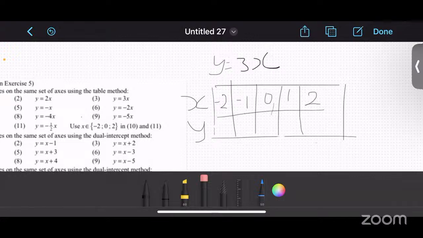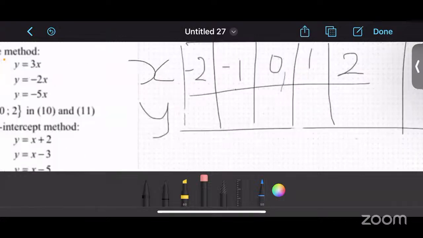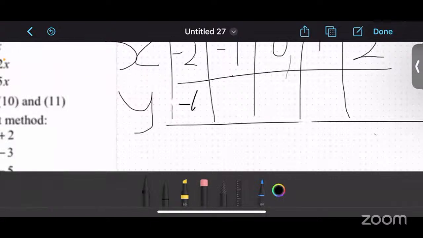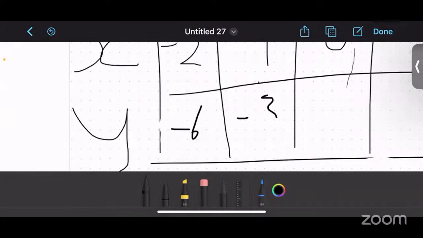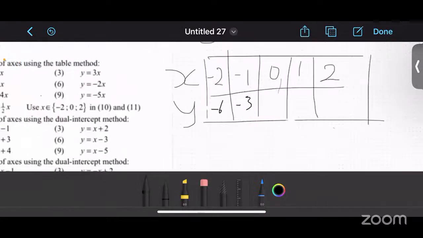Then next we're going to write y equals 3 bracket -1 close bracket. The answer will be -3. Then you write y equals 3 bracket 0 close bracket. Then the answer will be 0.